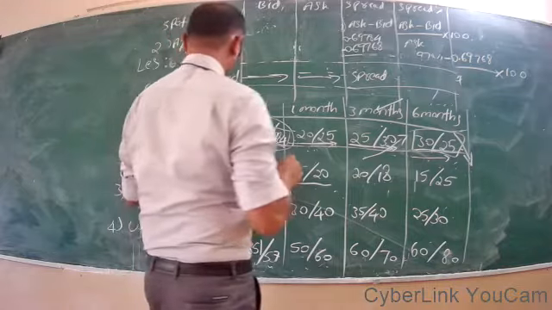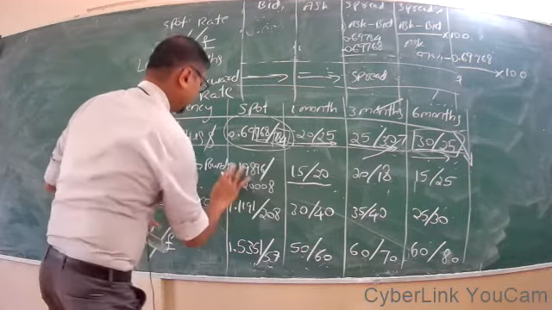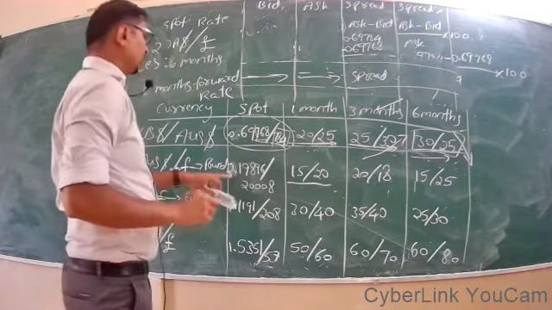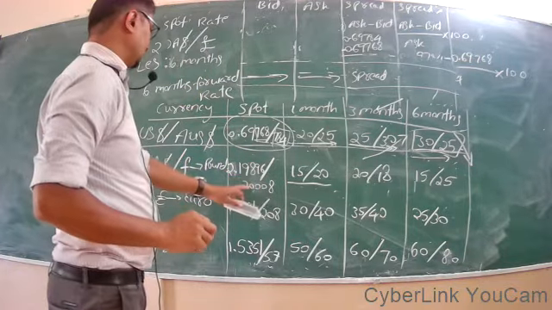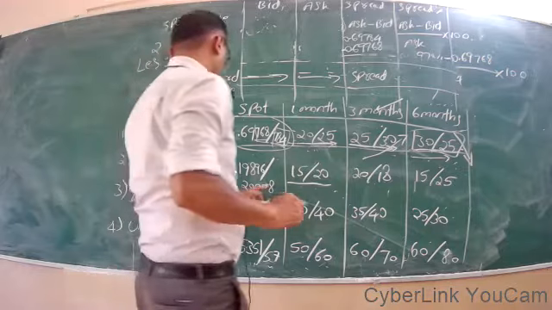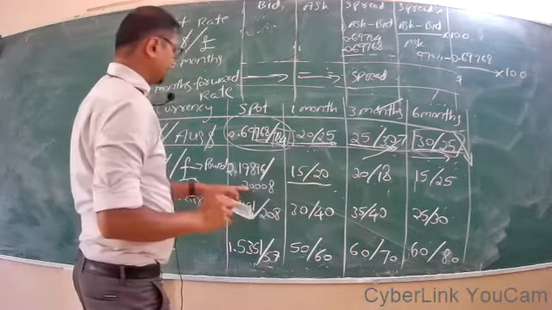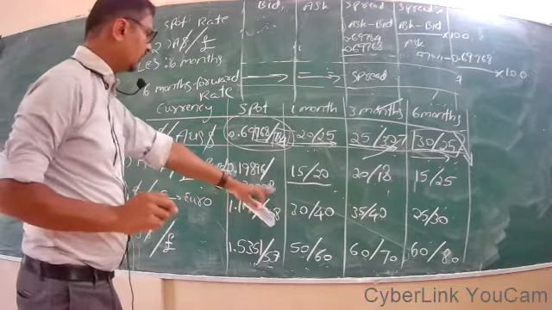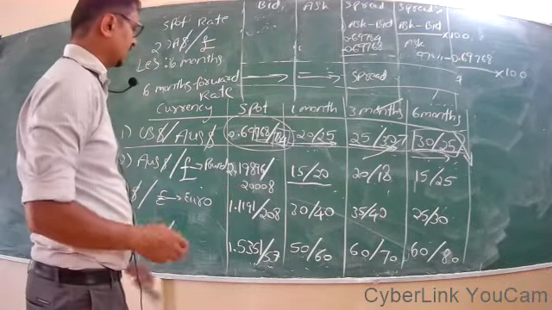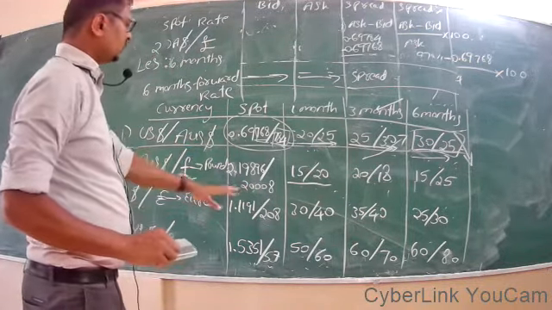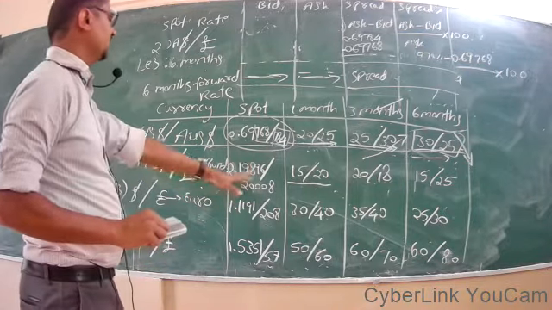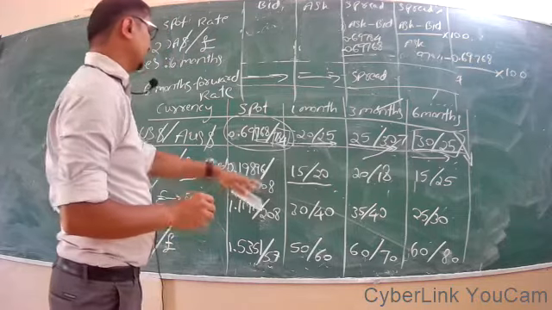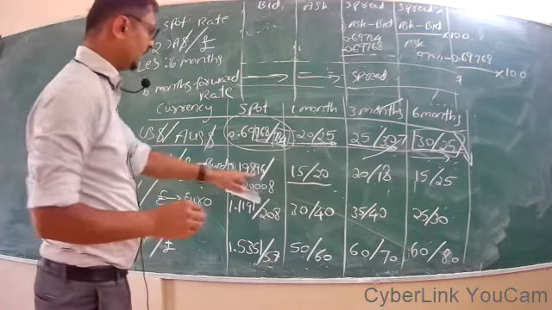The spot rate is 2.19896 Australian dollar per sterling pound, and this is replaced by 2.20008, right? So which one is higher? Here 2.20008 is greater than 2.19896.